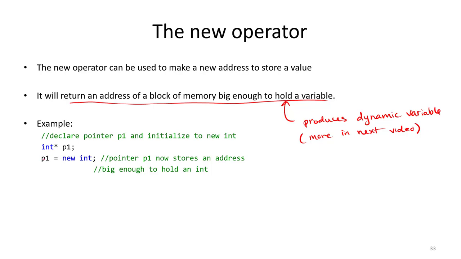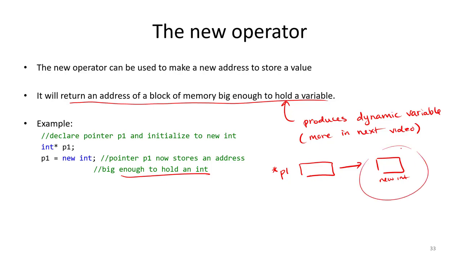Here's an example. Suppose I have a pointer p1. So this is just a pointer. If I say p1 points to a new int, basically we're just finding a block of memory big enough to hold an int and we're giving p1 that memory address. So we're making p1 point at some new integer-sized memory address in our memory.